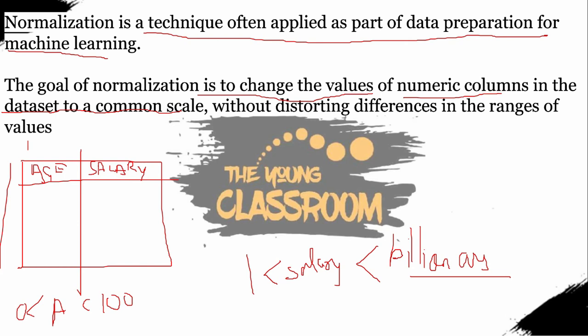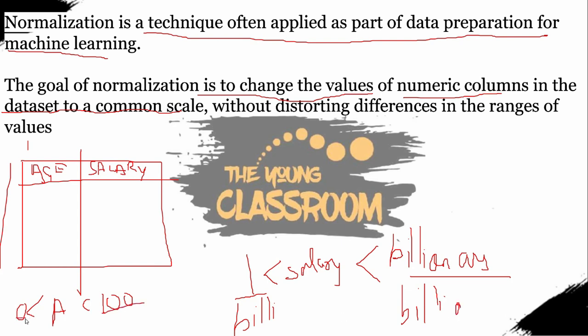And now if you go on predicting, since these are of different scales, I somehow divide all of my salary by 1 billion perhaps, divide this by 1 billion, divide this by 1 billion, divide this by 1 billion.